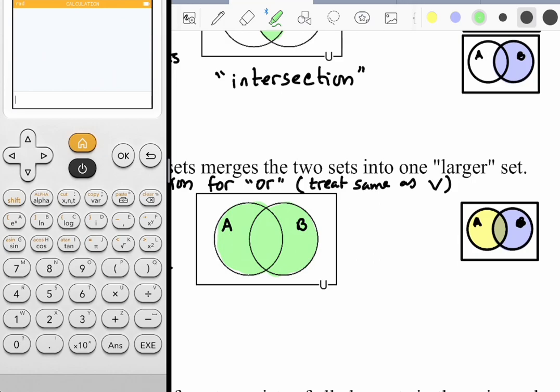So there is some overlap. In our union of two departments in a school, there would be some overlap. I would still count that. If I'm really taking the union of my two sets, I'm going to say, anybody who's math, anybody who's computer science, anybody who's math and computer science, let's all get together. That's going to be our union.